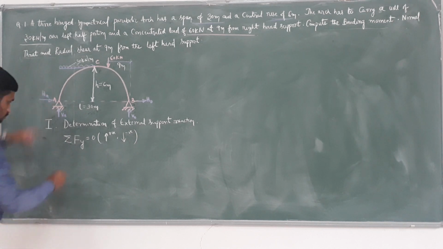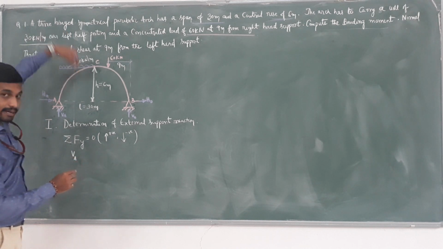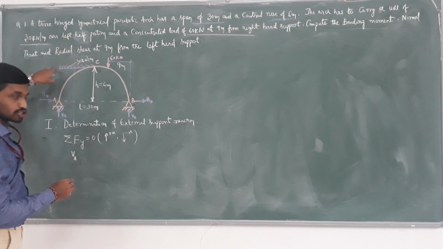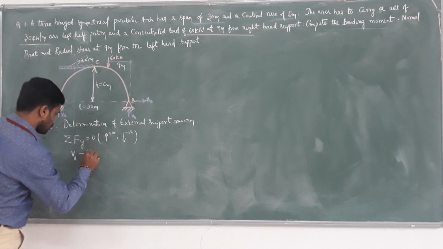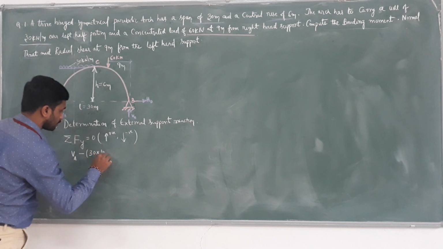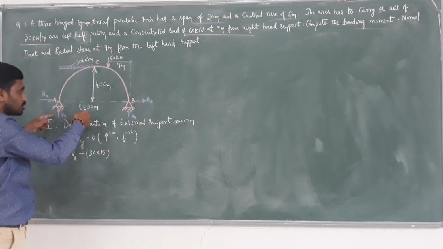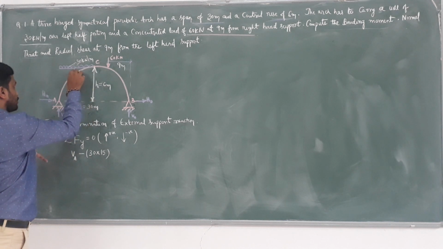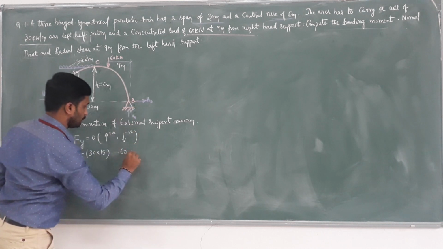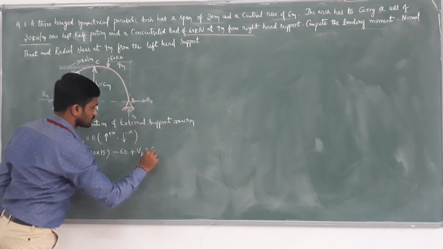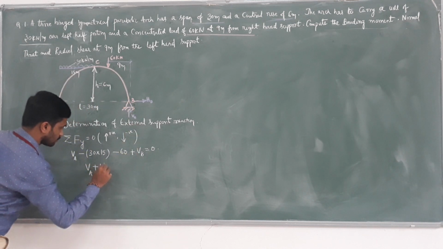So we get plus VA, and this load is acting in the downward direction, so convert the UDL into a point load: minus 30 into 15, because it runs over exactly the left half portion, that is 15 meter. Next, minus 60 plus VB equals 0.